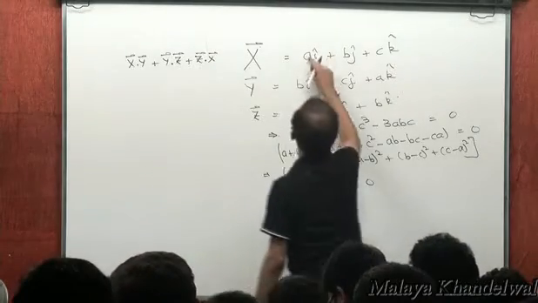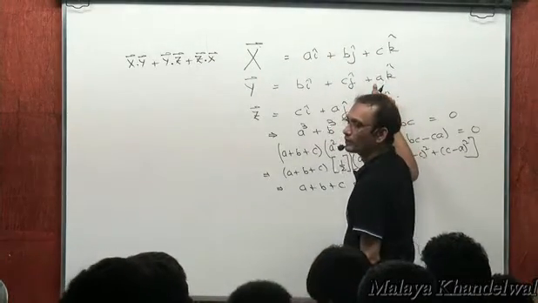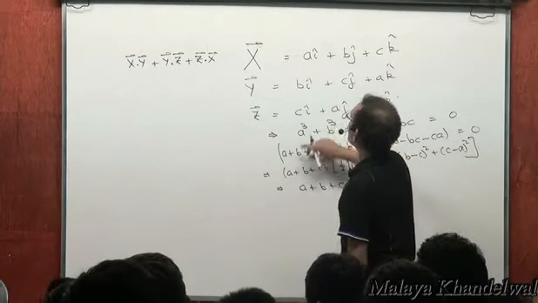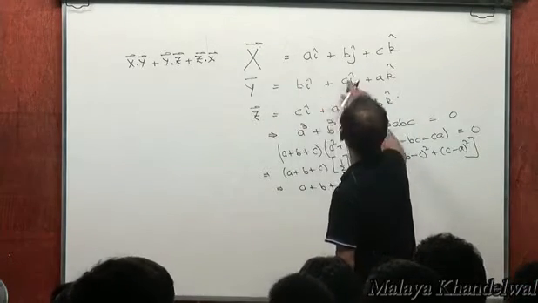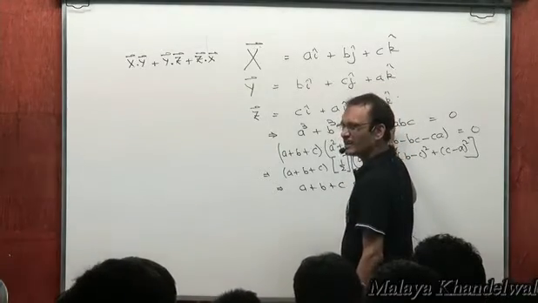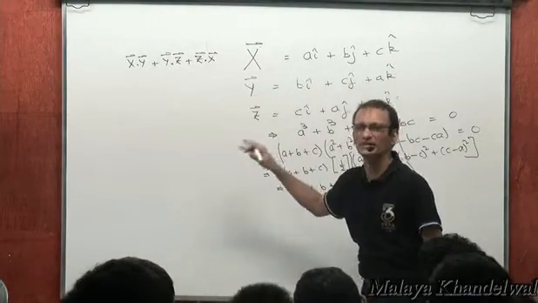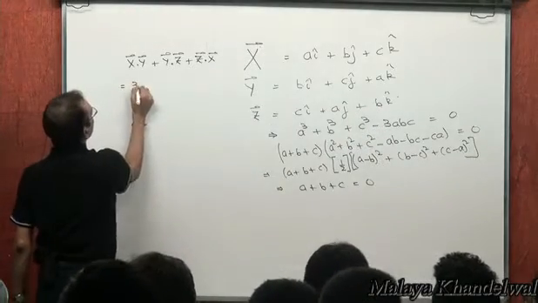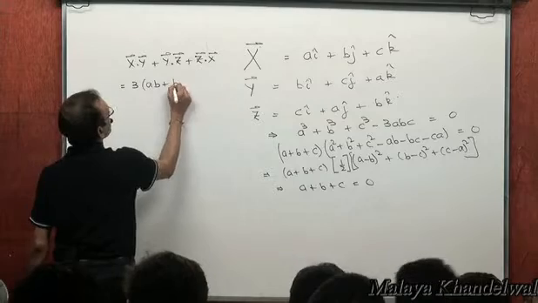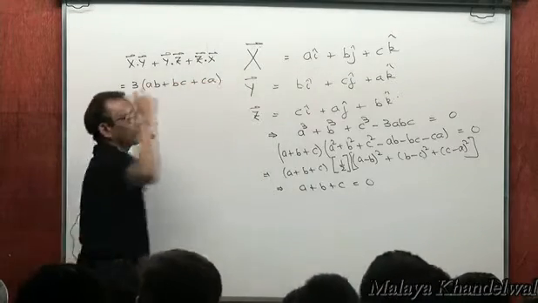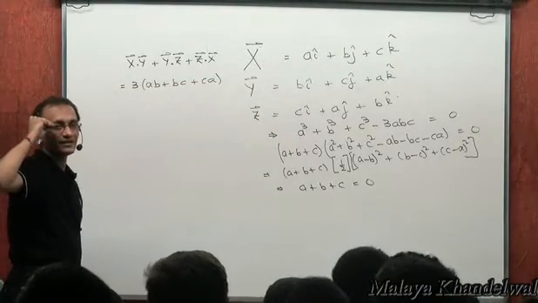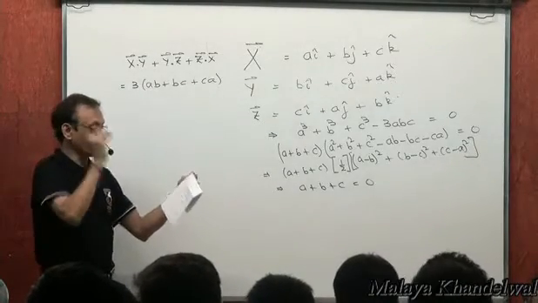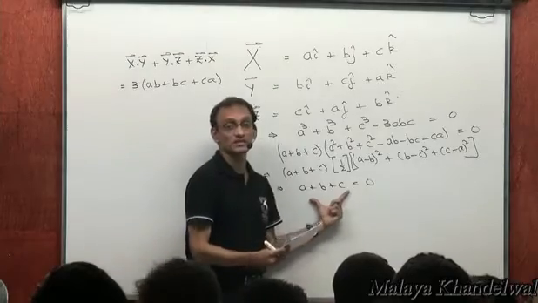X dot y, for example, will be ab plus bc plus ca. Similarly, y dot z would be bc plus ac plus ab. Similarly, z dot x will also be ab plus bc plus ca. So this would actually be 3 times ab plus bc plus ca. Now, we want to find the maximum value of this, given that a plus b plus c is 0.